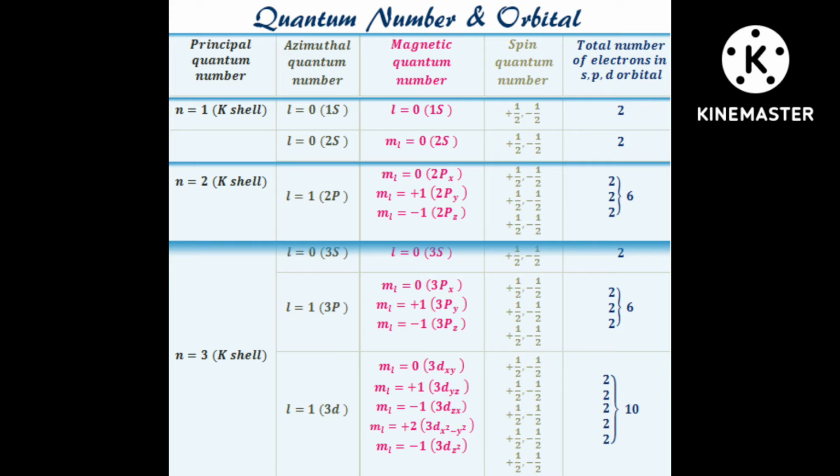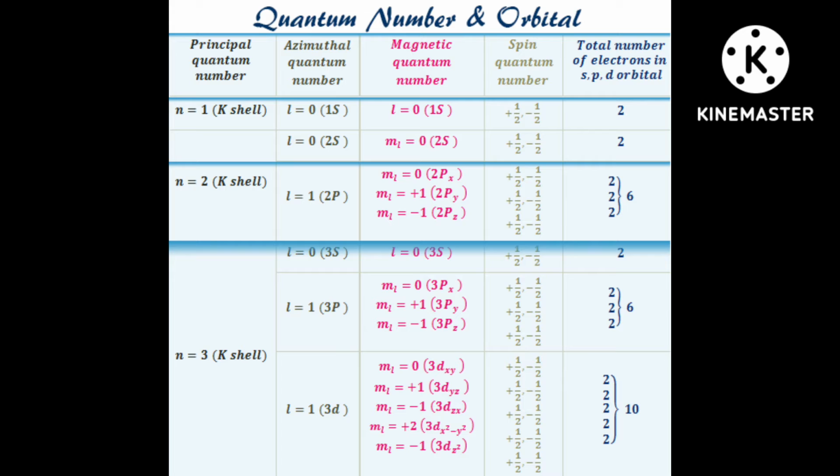Since energy is required in shifting the negatively charged electron away from the positively charged nucleus, the energy of the orbital will increase with increase of n. With increase of orbit number, energy will increase. This you keep in mind.